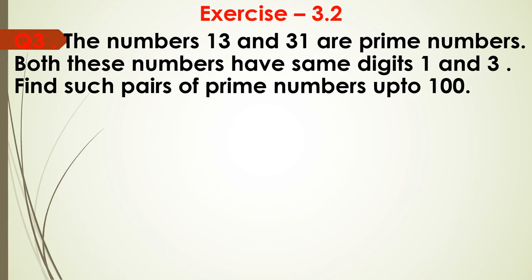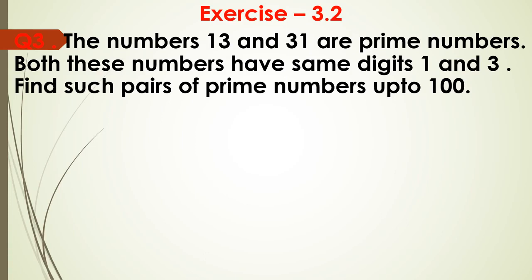Same digits are there. Now you have to find out such more pairs of prime numbers up to 100. Okay. You have to find out such more pairs which are prime numbers also, and same digits are also there.